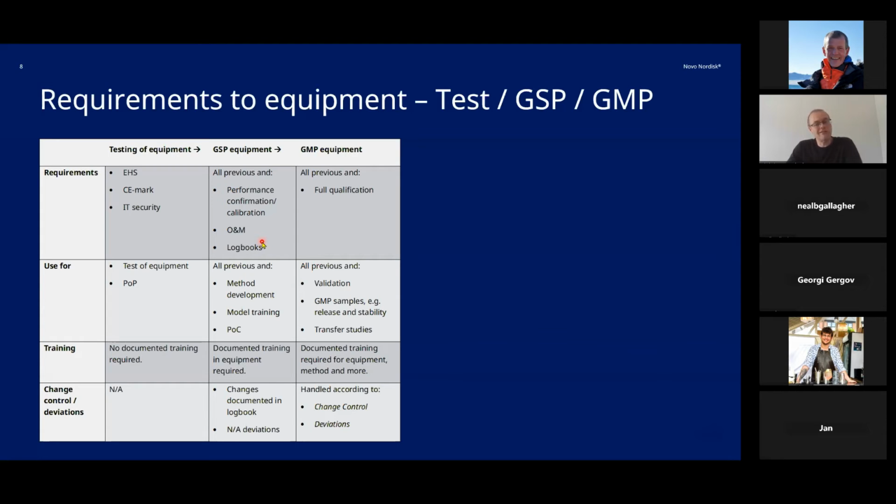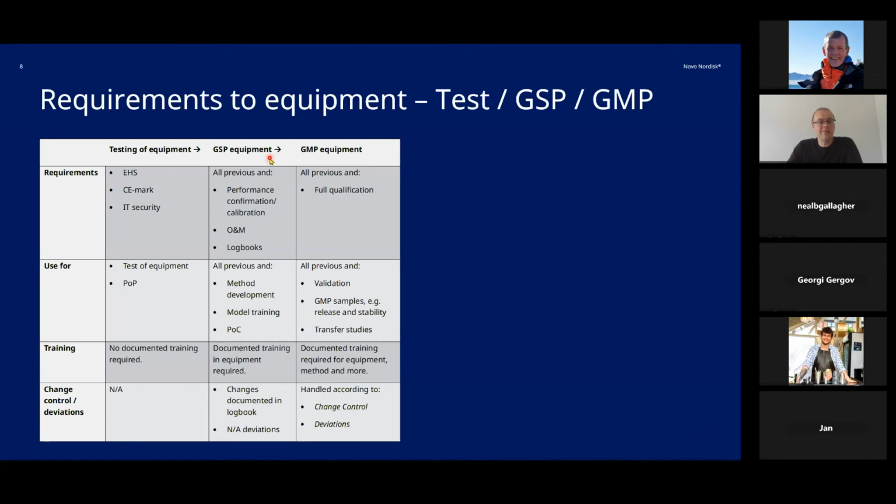So this is not the full logbook where you need to document everything you do on the instrument, but at least everything that has an impact on the state of the instrument. So for this, we start having requirements for training for people who use the instrument, and how to maintain the equipment.